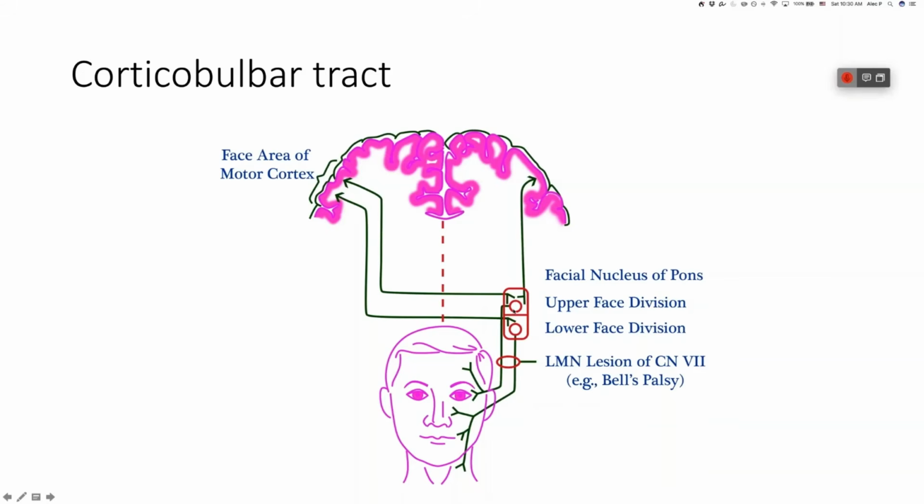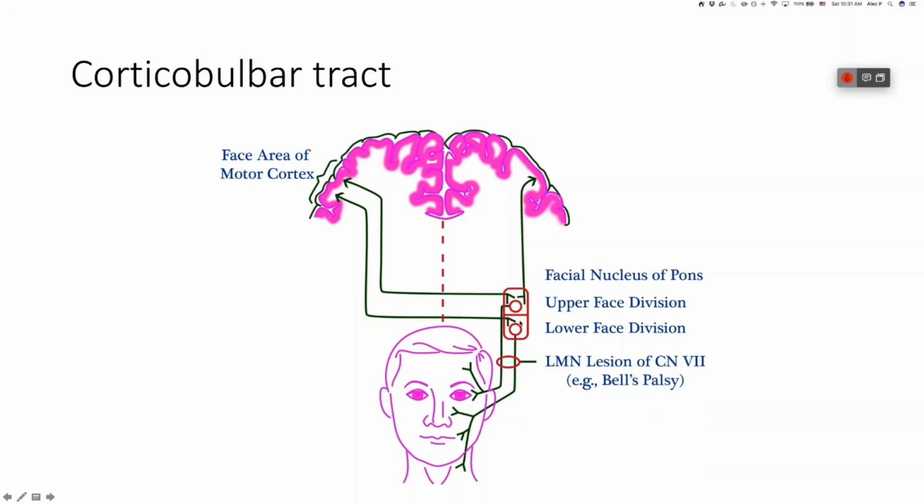The important part to note is that the forehead part of your facial nucleus is innervated bilaterally, meaning that there is innervation both from the right side of the brain and the left side of the brain to the upper part of the face.